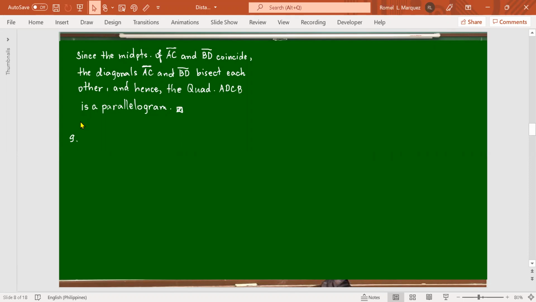So what about this problem? The 3 consecutive vertices. By the way, let's find the area. Letter B, find the area of quadrilateral ADCB.